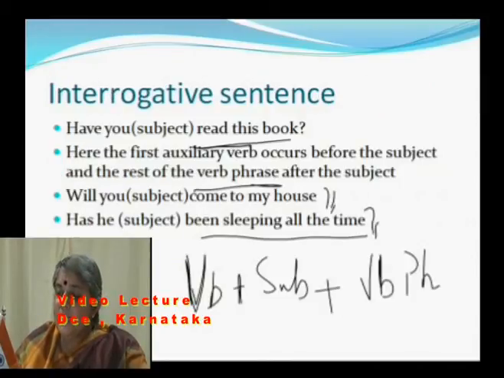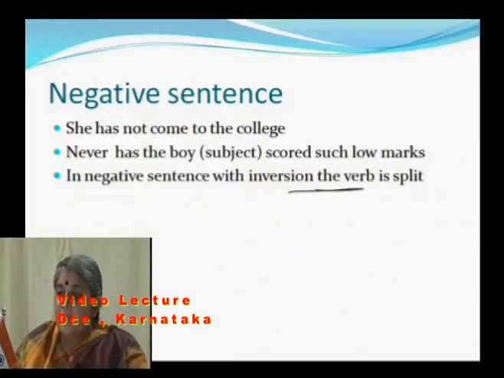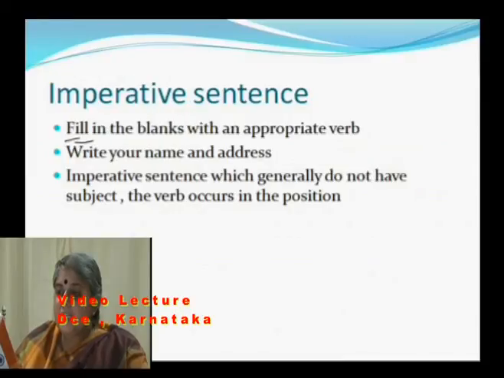In an interrogative sentence, you find the verbs in the first position. Then in a negative sentence, if it is an inversion, the verb is split. In an imperative sentence, which generally does not have a subject, the verb occurs in the first position. A simple example is close the door. You don't say you close the door, we say close the door.